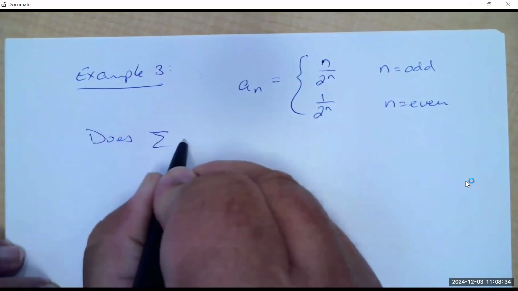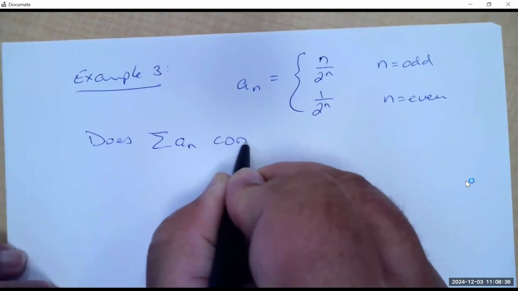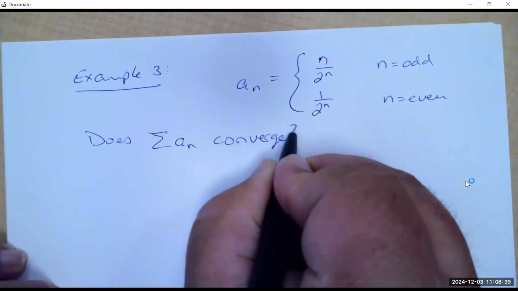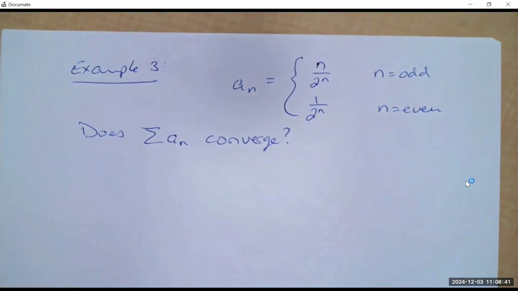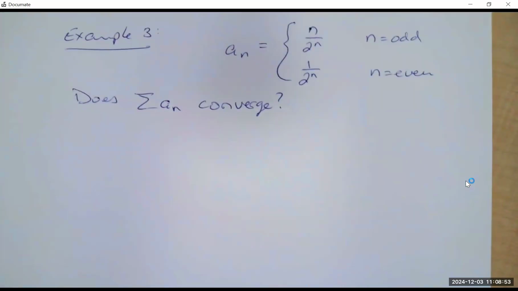Does the summation of a sub n converge? Again, what would mean that it's converging if we're using the root test? If p is less than 1. So let's set it up.